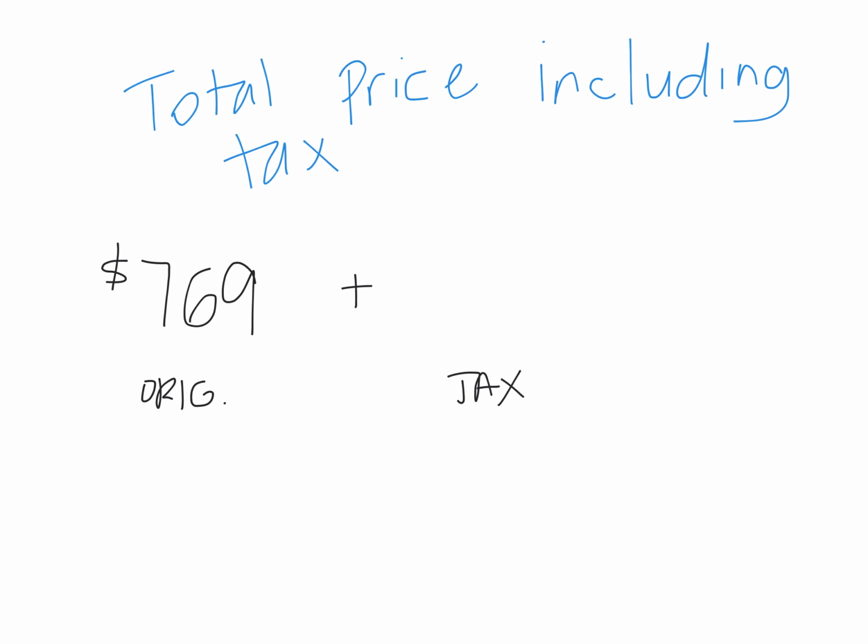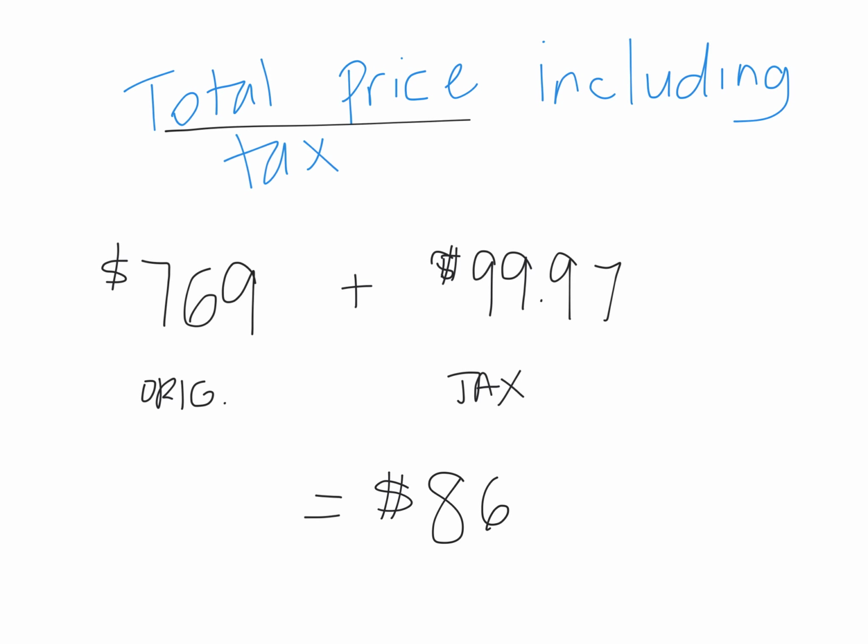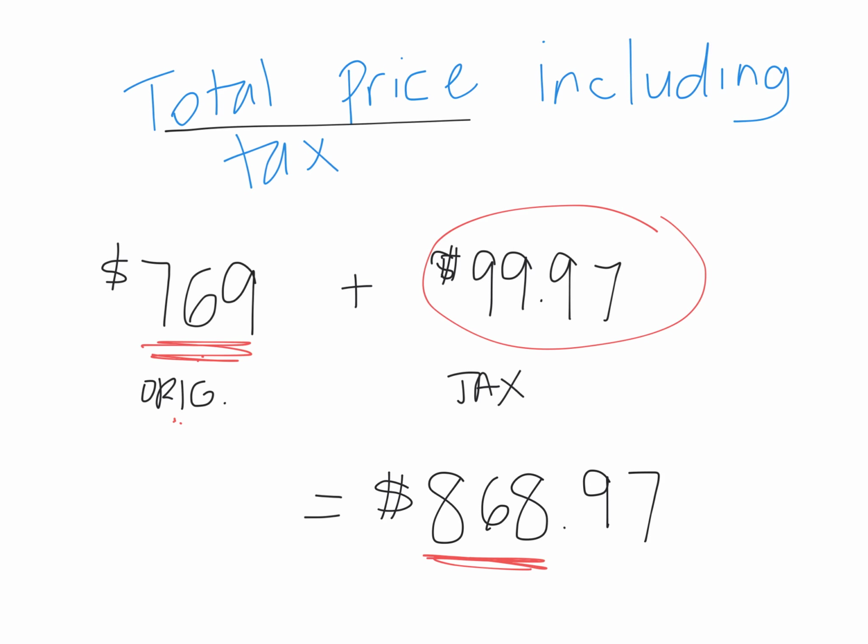What was the tax? $99.97, okay? That will give us the total price of the item. So what does it equal to? $868.97. So it looks pretty reasonable. Price tag says $769, that's the original price. When you add the tax to it, it comes out to $868.97. You're paying almost $100 more in taxes.